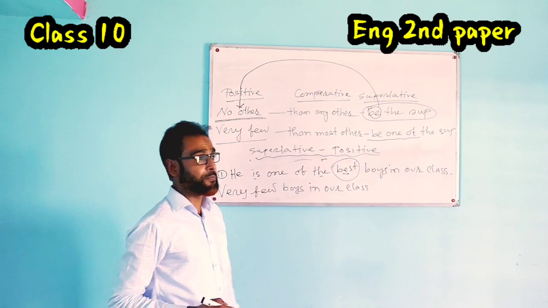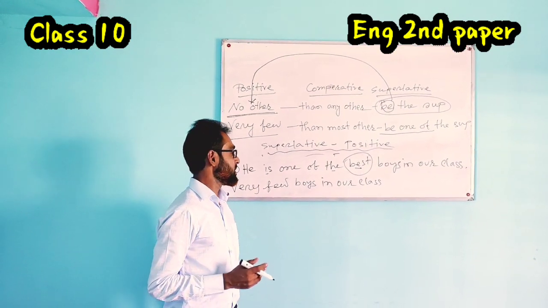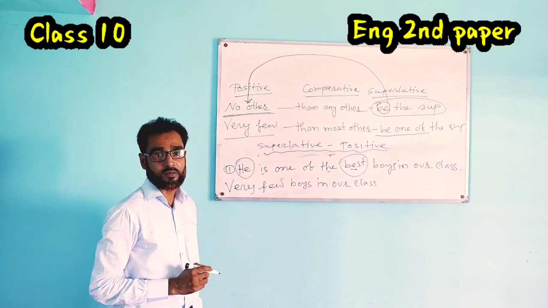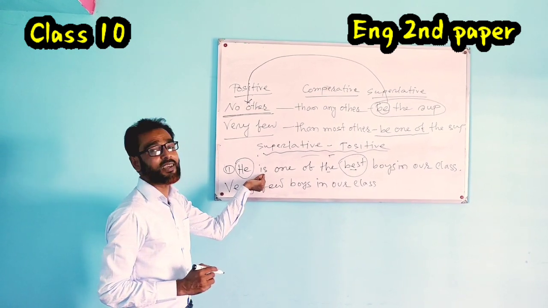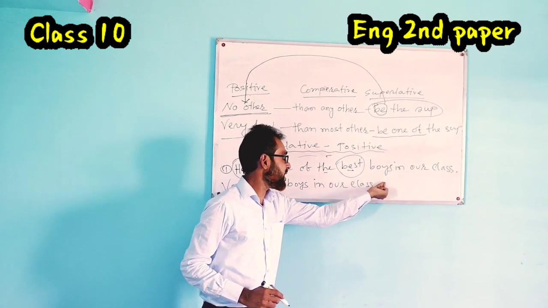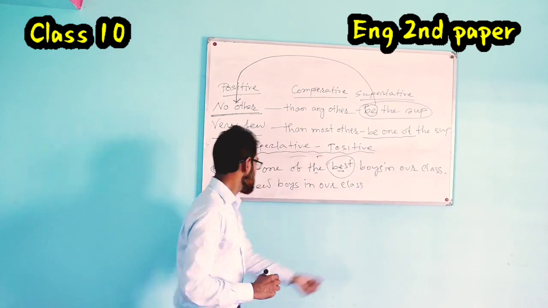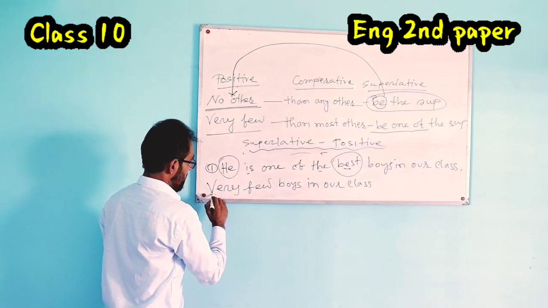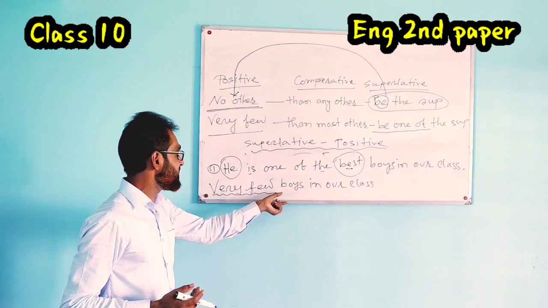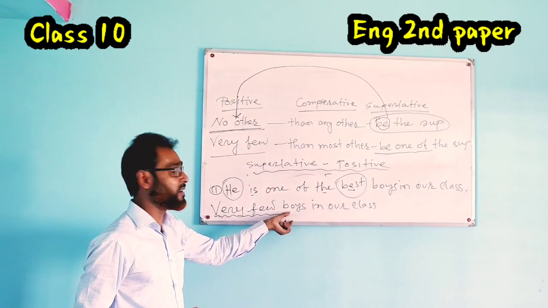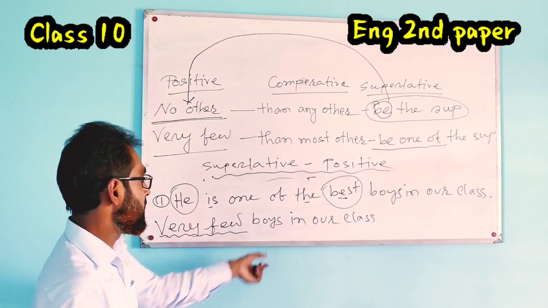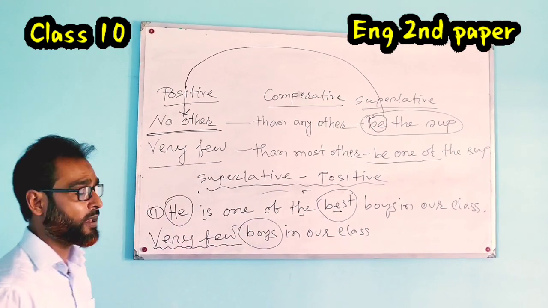Dear students, that is very important, and many of us make a mistake here. Here he is third person singular number, so we can use is as our verb. But here we cannot use is. Why not? Whenever we find a sentence started with very few, then we have to understand that the noun and verb will be plural. Here boys is plural.